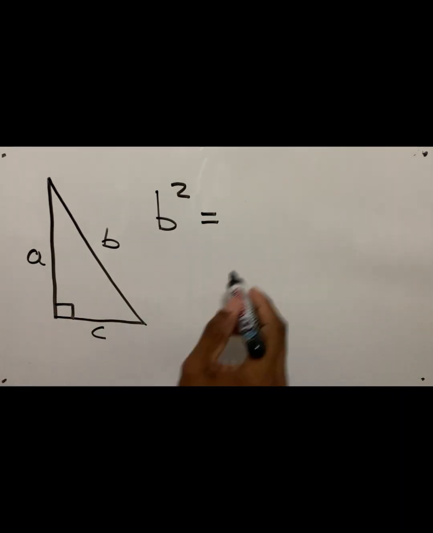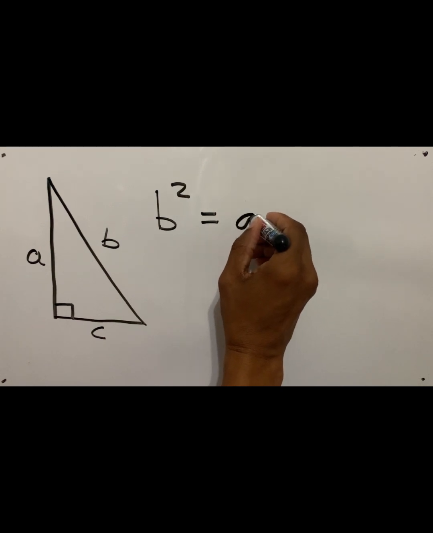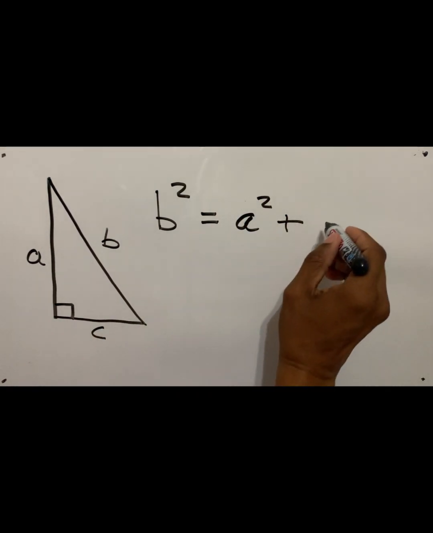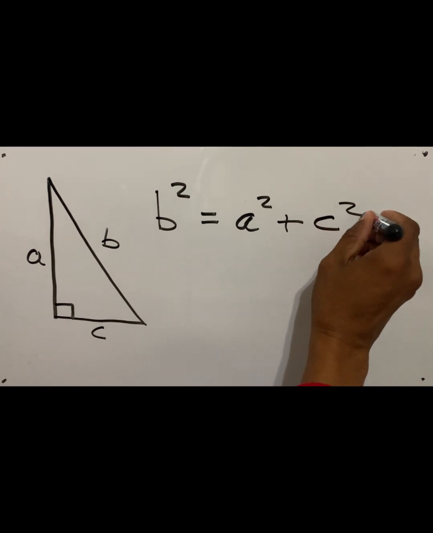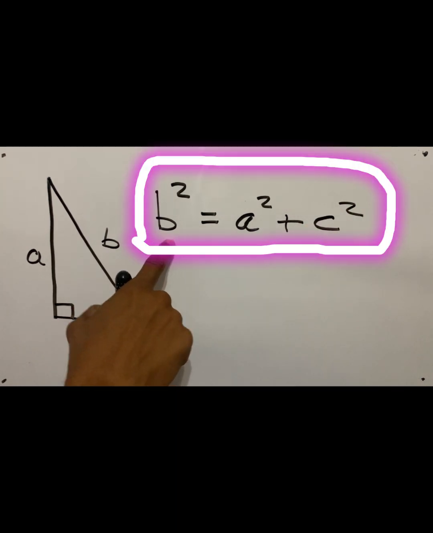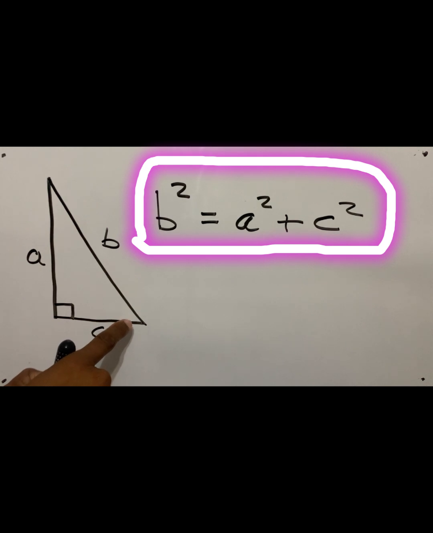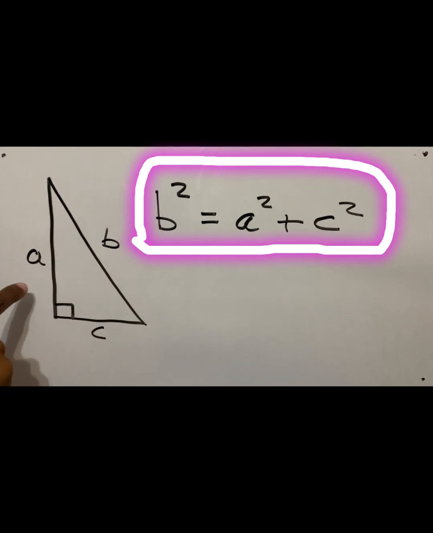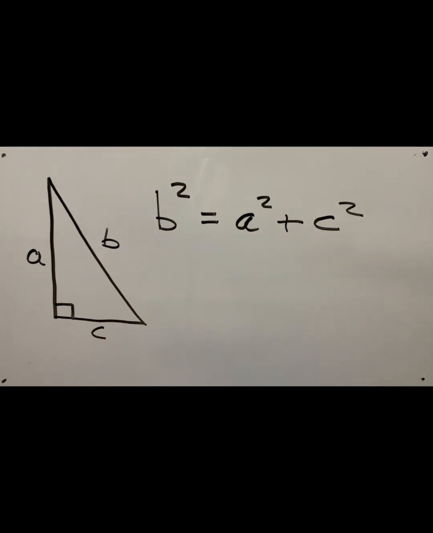The other two sides are represented by letters A squared plus C squared. So the square of the hypotenuse, which is this side here, is equal to the sum of the squares. Independently, we square these two sides and then we add them.